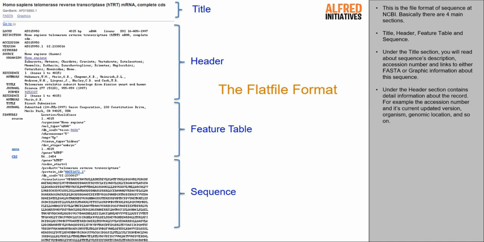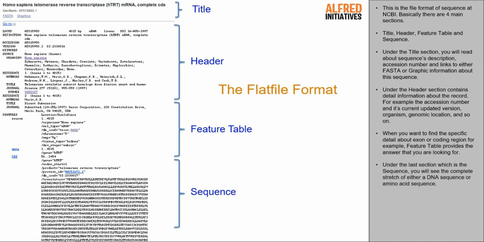The header section contains detailed information about the record, for example, the accession number and its current updated version, organism, genomic location, and so on. When you want to find a specific detail about an exon or coding region, for example, the feature table provides the answer that you are looking for. Under the last section, which is the sequence, you will see the complete stretch of either a DNA sequence or amino acid sequence.